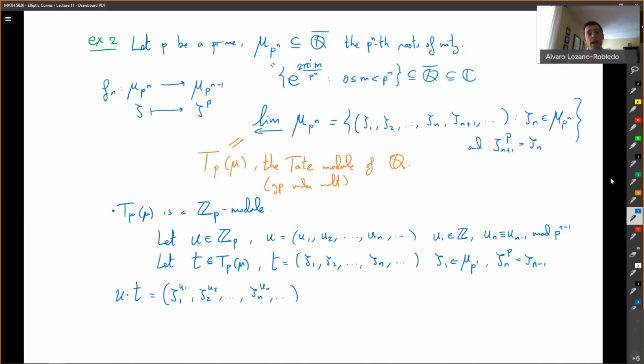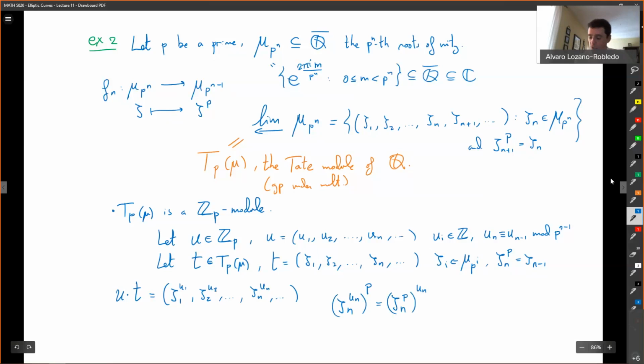All I have to show you now is that this is actually well defined, in that I get another element from the Tate module. So now what I need to know is what happens if I take this element here. If I raise it to the pth power, I should get the previous element in here. Well, I can raise this to the pth power instead.